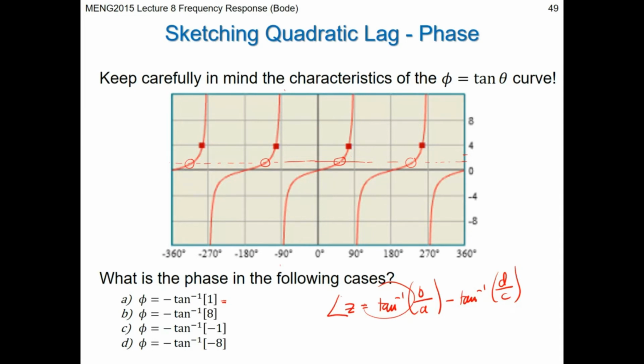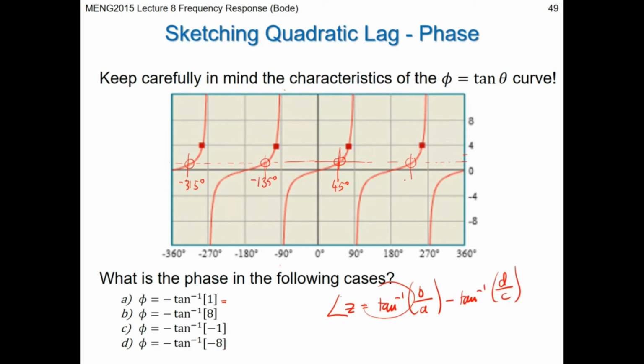All right, but the one that you identified is this one, because that's what your calculator will tell you. But you could equally have minus 135 degrees. It's equally true. You could equally have minus 315 degrees, right?